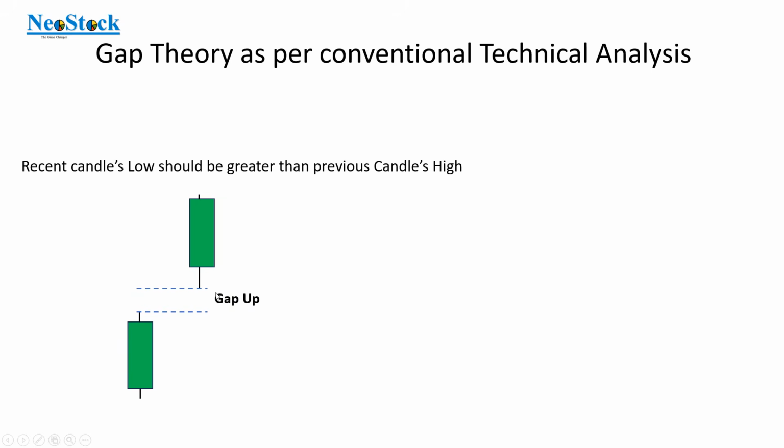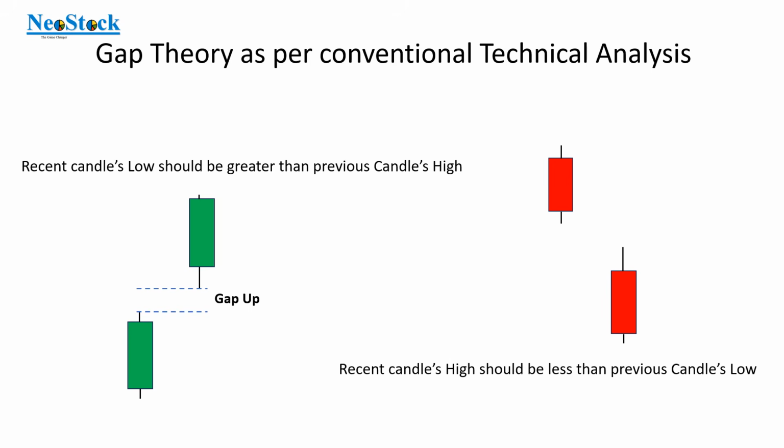Similarly, we can find one more scenario. Please look into this example. This is the previous candle and this is the recent candle. Now compare both these candles. How to compare? The recent candle's high should be less than the previous candle's low.